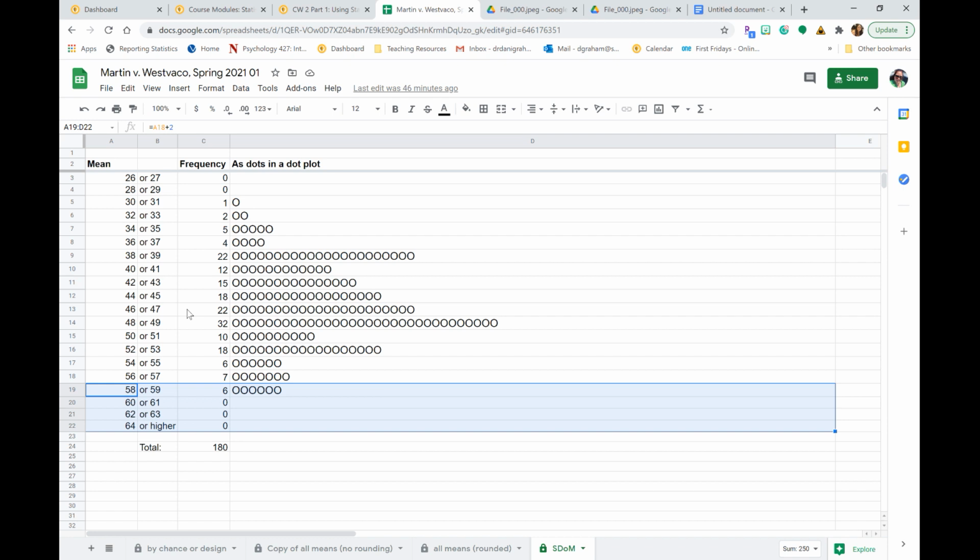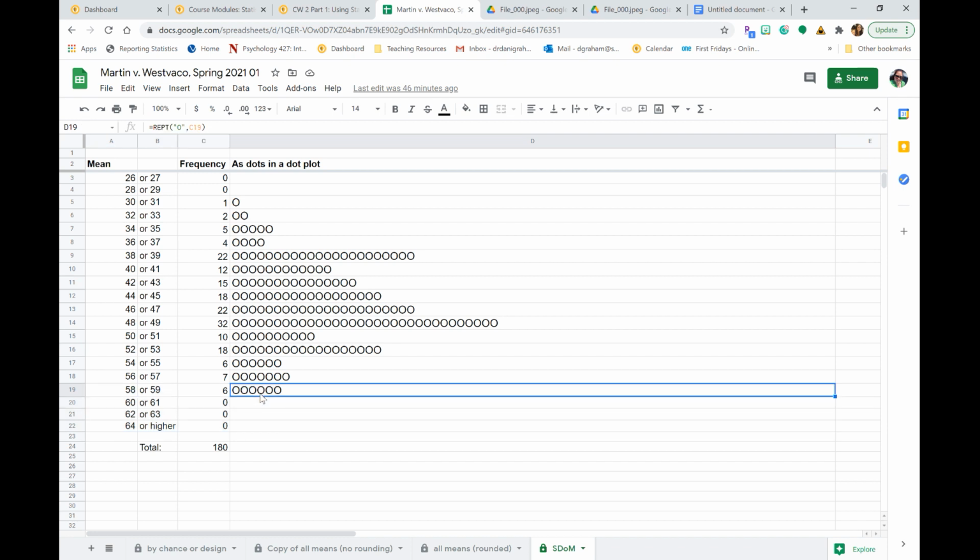Okay. So in this case, there's about a, I'm going to round up here, there's about a 4% likelihood of getting a sample with average age of 58 or higher if those people were chosen simply at random.